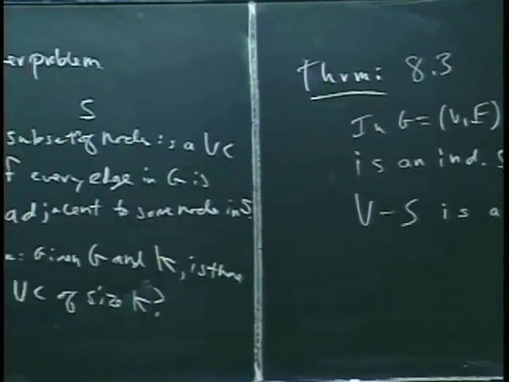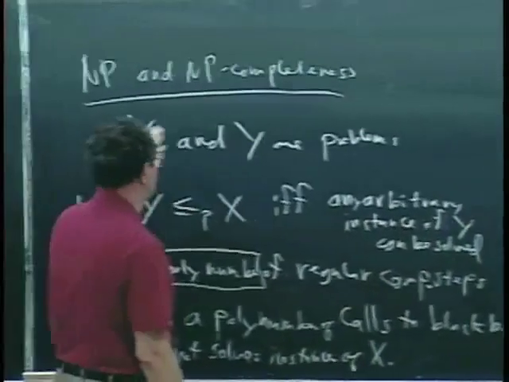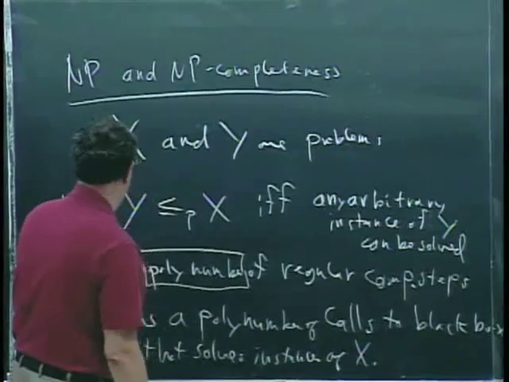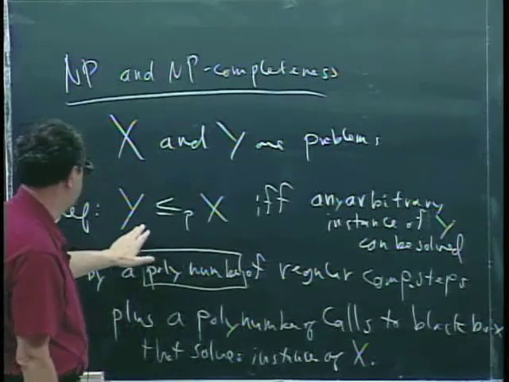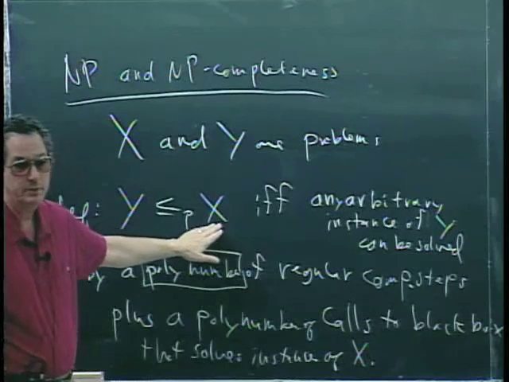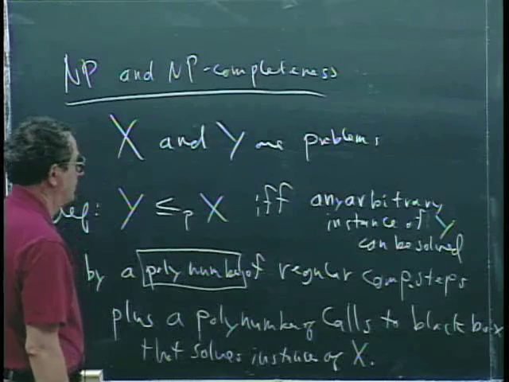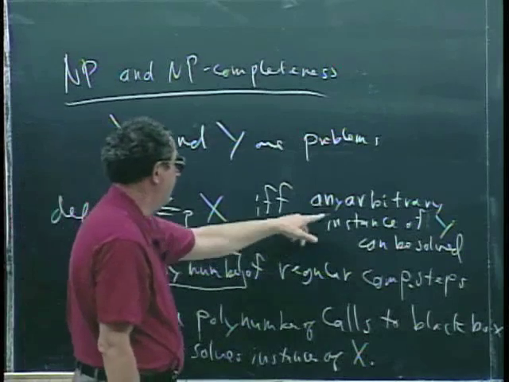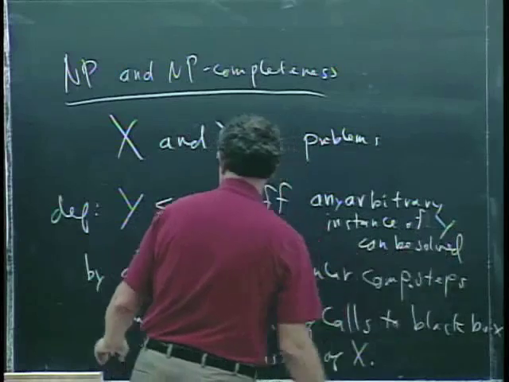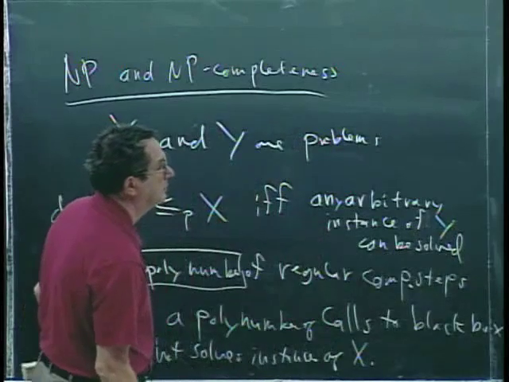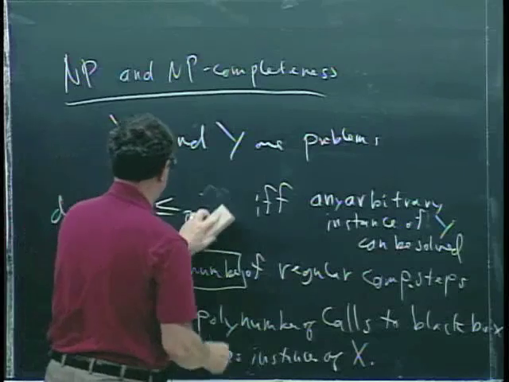Now that we know that, and we're talking here about this polynomial time reduction, we'll go back to this definition, and thinking of Y as the vertex cover problem and X as the independent set problem, let's try to make this concrete. We have to think of how we can solve an arbitrary instance of Y. So Y is vertex cover, and X is independent set.